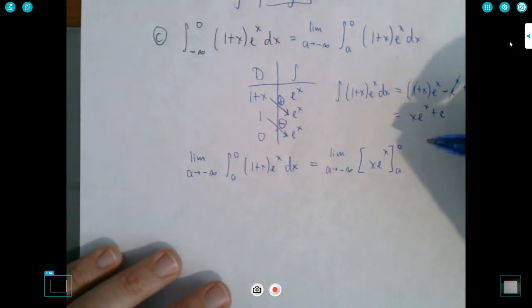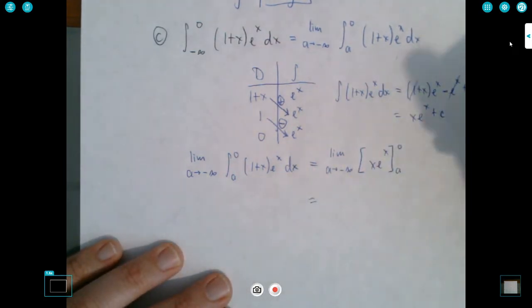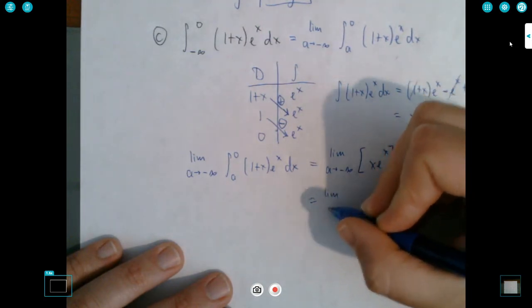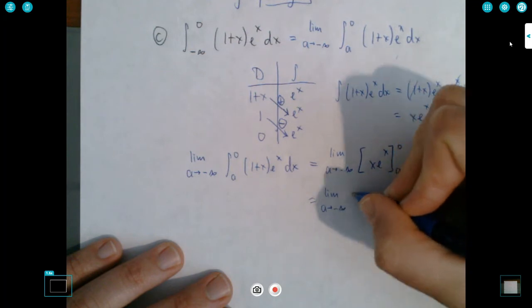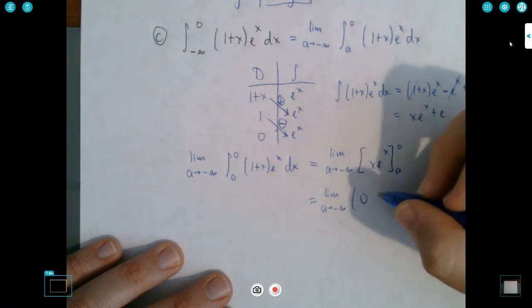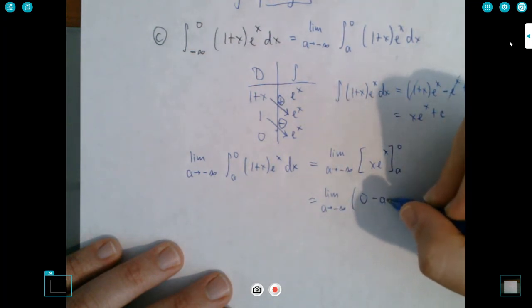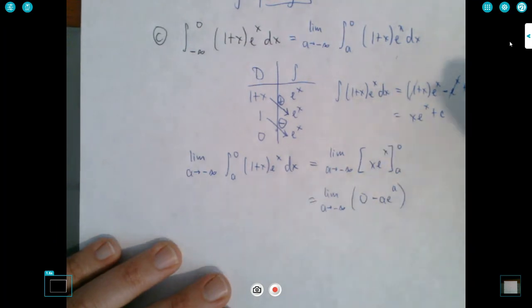And then if we plug in those limits of integration, 0 times e to the 0 is just 0. So we get 0 minus a e to the a.